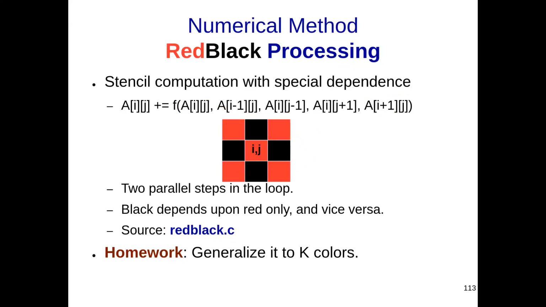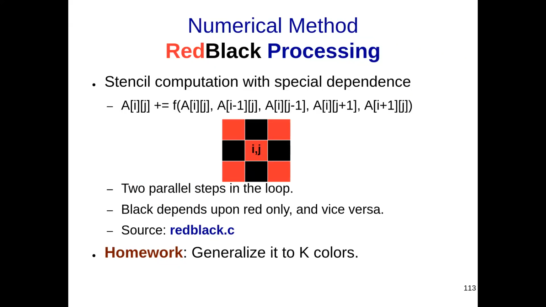So you can actually cast this particular style of processing, which appears in some applications, as 2 parallel loops. In one parallel loop, you write only to the black cells, and in the other parallel loop, you write only to the red cells. And you repeat this processing, and that gives rise to essentially a time step stencil computation for this red-black processing.